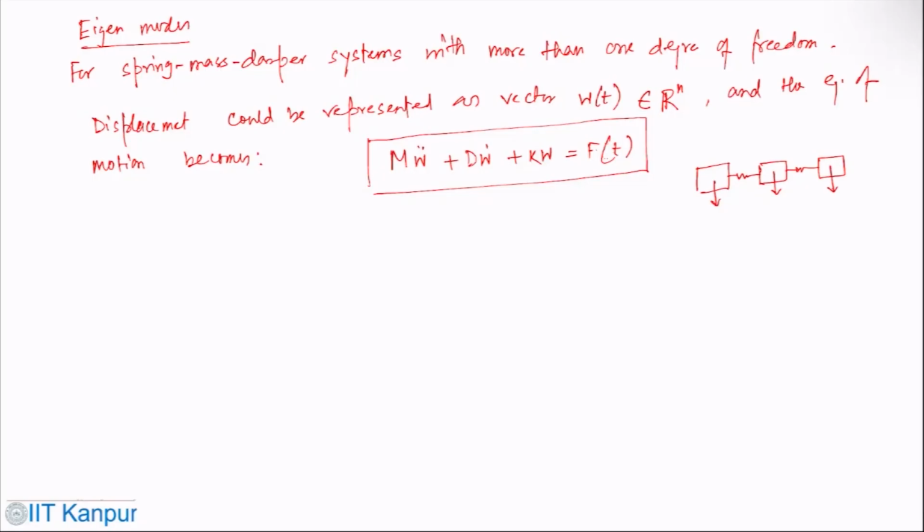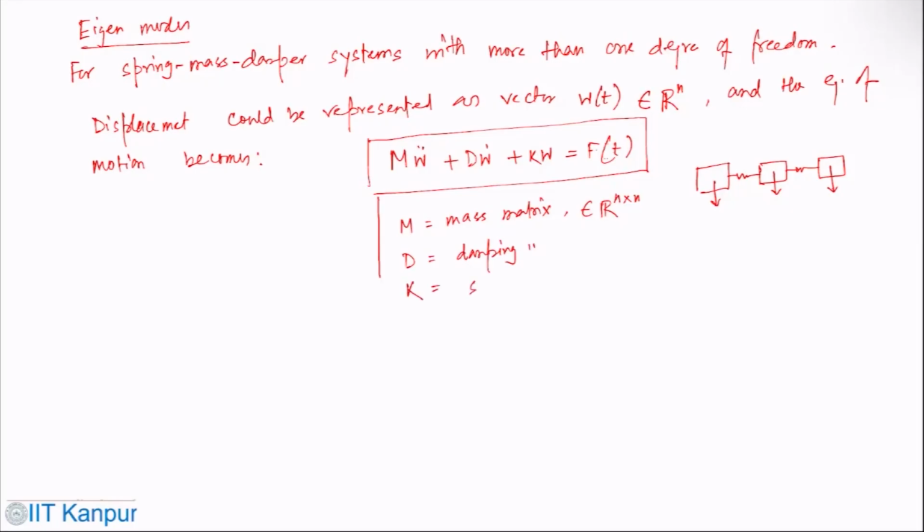now here in this equation, M is the mass matrix, which belongs to R^(n×n). D is the damping matrix.